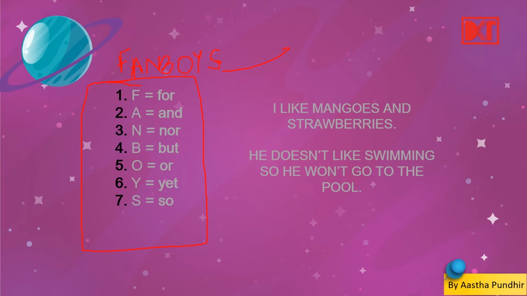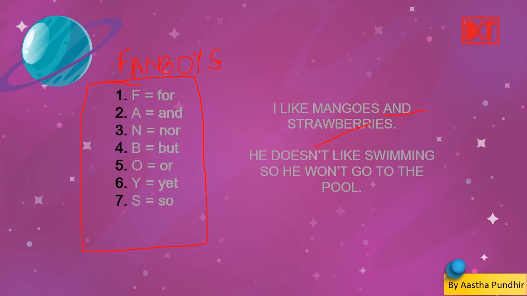Now here the example says, I like mangoes and strawberries. What is the conjunction here? And. यहाँ पे and क्या कर रहा है? It is coordinating the two words, mangoes and strawberries. दोनों को equal importance देके it is coordinating. Alright.